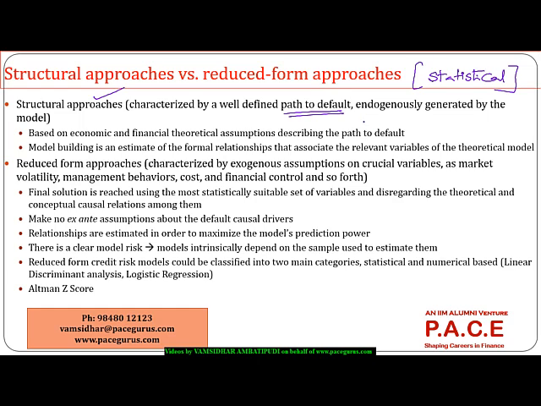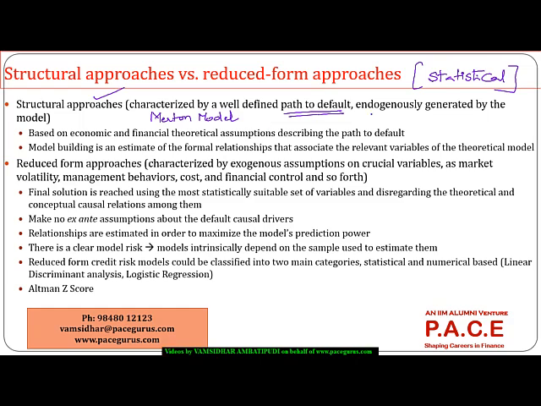When we talk about the structural approach, they have a streamlined, formula-based mechanism which ends up computing the probability of default. Out of the many approaches, the most popular is the Merton model, where the probability of default is directly computed based on the structure of the organization.